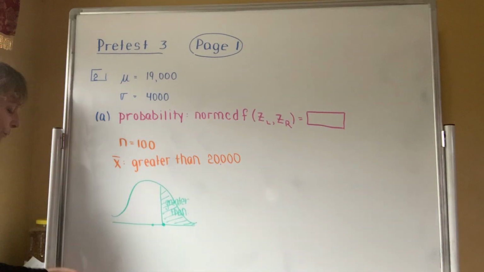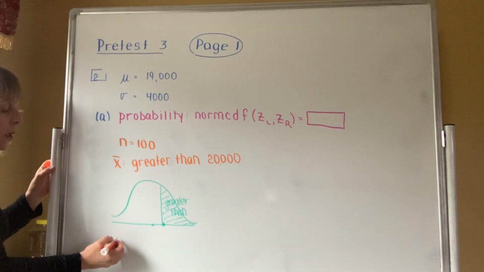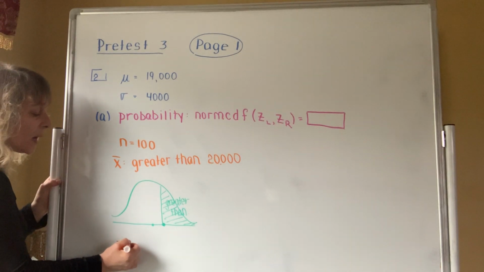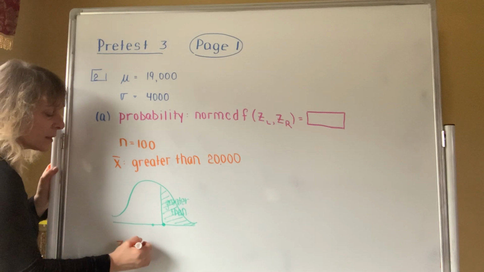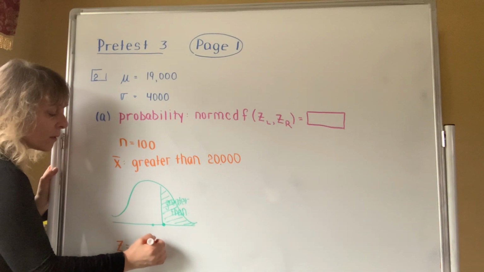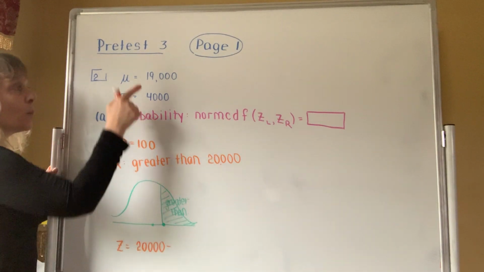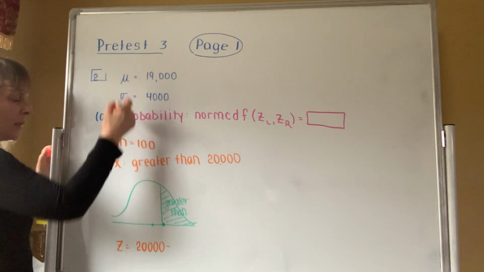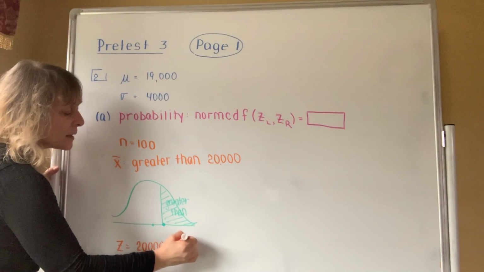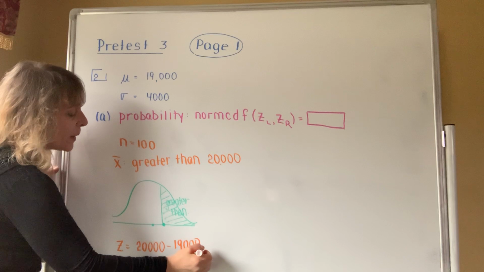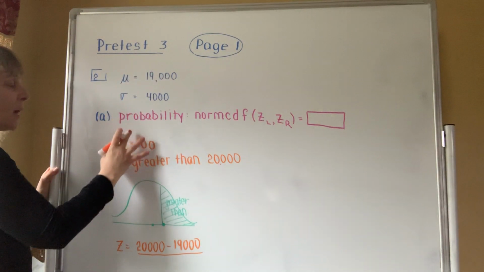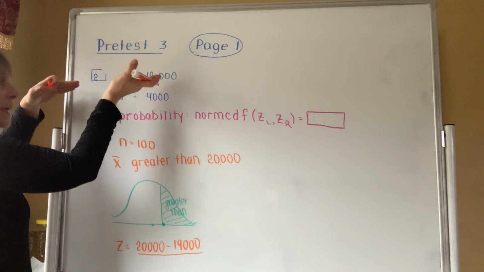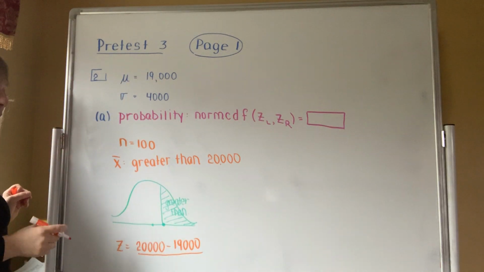Now remember, when you do that, your z-score is going to come from your sample of $20,000 minus what they believed from a study, $19,000. But you have to divide by the sampling error because you're not using a population that's necessarily in here. So there's got to be an error.